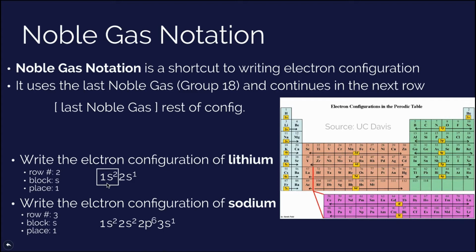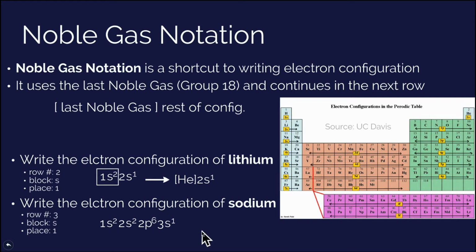So we're just going to assume all the electrons of helium, and we say that by putting the symbol He in brackets and then starting over in the next row for lithium. We just need to go one place for this one, so we'll say 2s1. So another correct configuration for lithium would be brackets He with 2s1 following after.